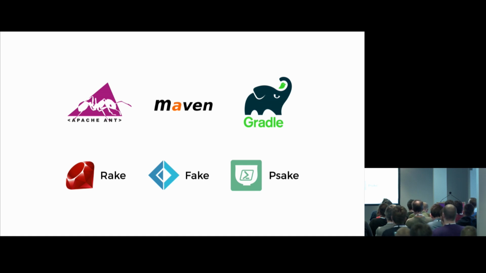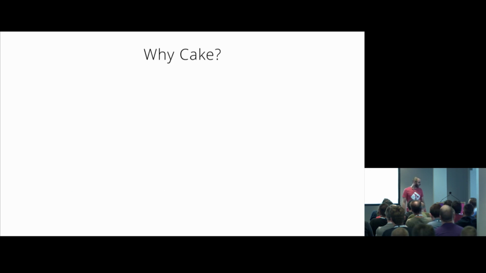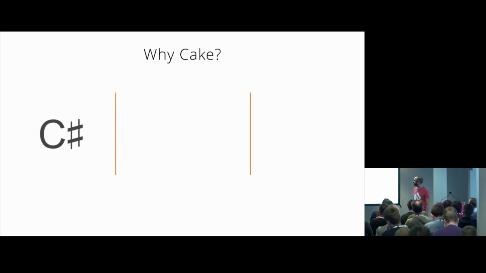Do we really? Well, there are a few things that Cake has going for it that none of these tools have. And I'll give you 3 reasons why Cake is different. The first one is, it uses C# to write the build scripts and the deployment scripts in.